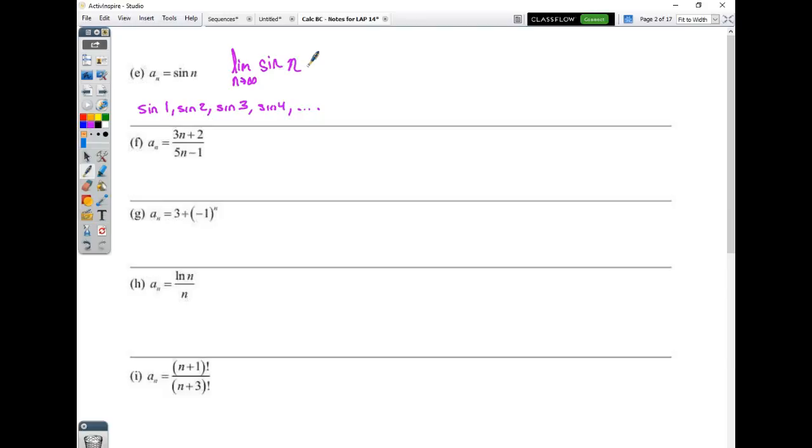What do you notice? What do you know about the sine function? Starts at 0, comes up, goes down, goes back up. So what happens? It doesn't cancel.